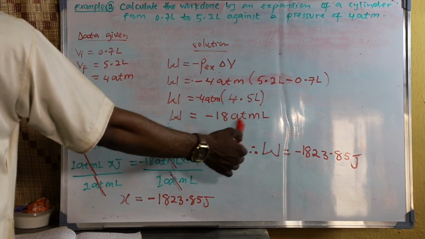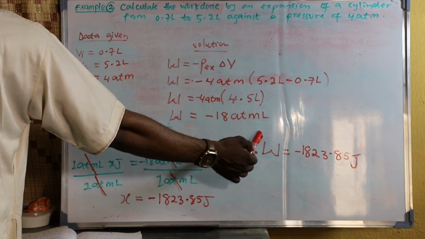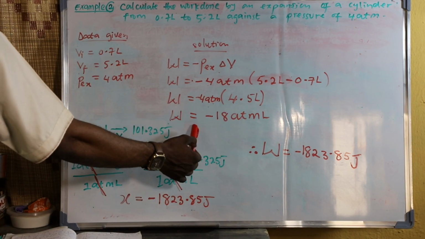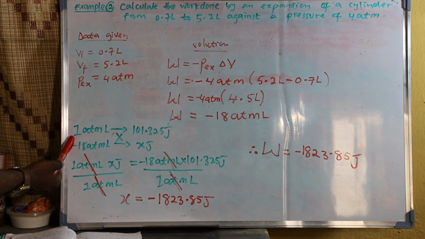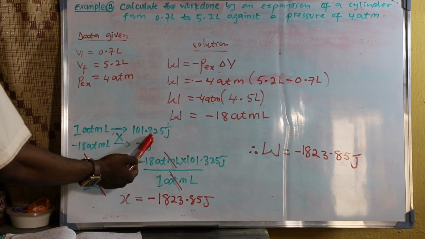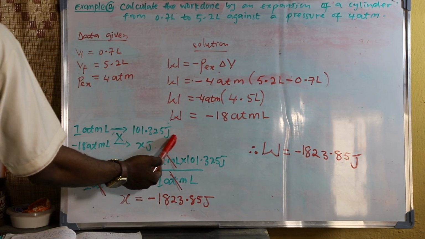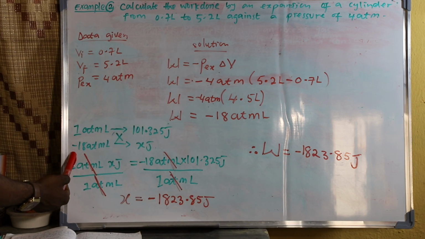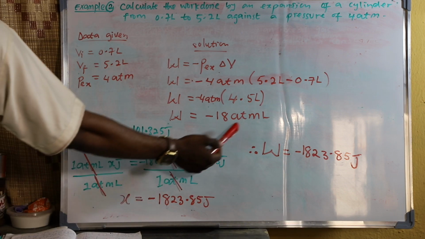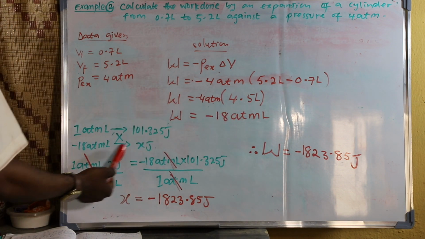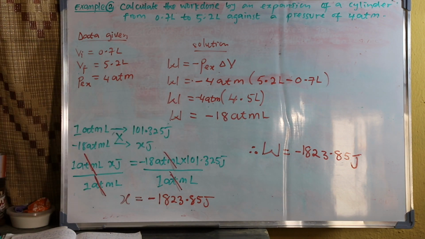So we are now converting atm liter to joule, since the unit of work is joule. 1 atm liter is equivalent to 101.325 joule, and minus 18 atm liter is equivalent to x joule.